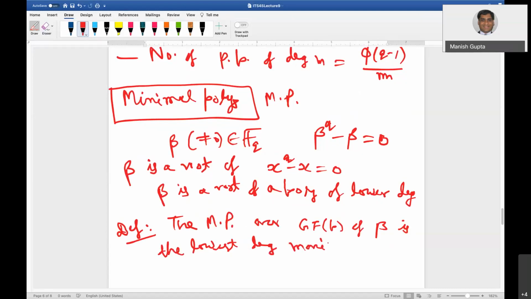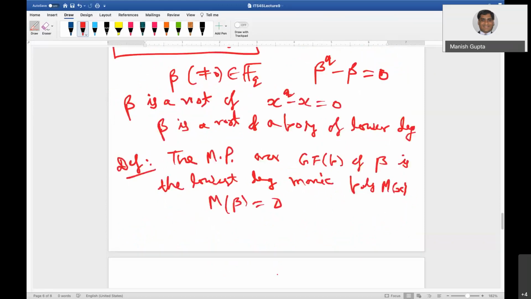Monic means the leading coefficient is 1, mx, for which beta is a root. So m beta is equal to 0. Okay. So if beta satisfies a polynomial of degree lower than this, then that is known as minimal polynomial.